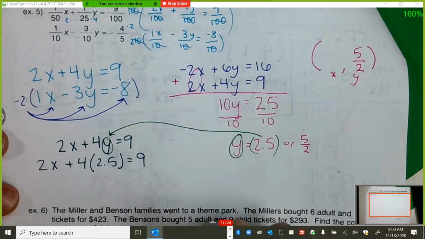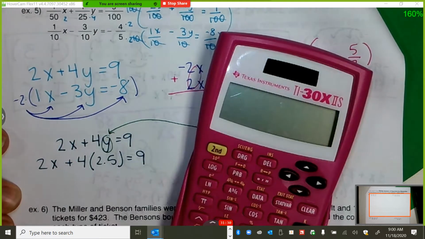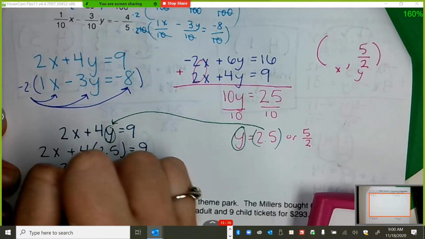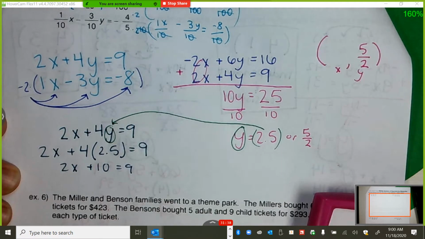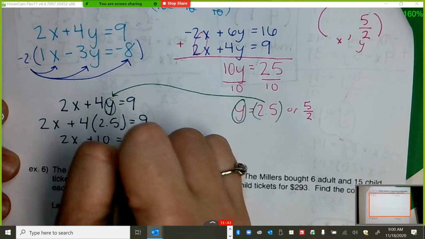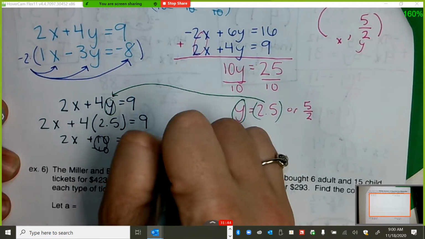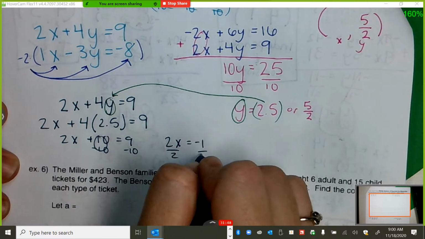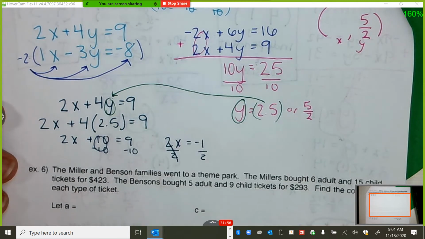What's 4 times 2.5? 10. So 2x plus 10 equals 9. Now what? Minus 10, minus 10. I get 2x equals negative 1. Divide by 2, x equals negative a half.